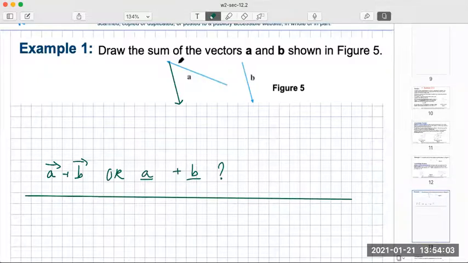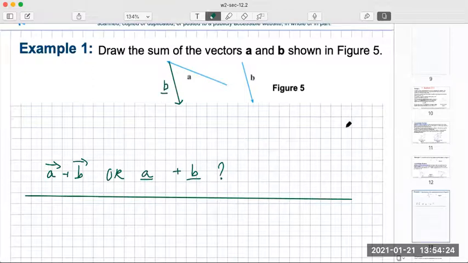What I did was copy this vector, but place the initial point of vector B at the terminal point of vector A. Therefore, vector B we can place here.